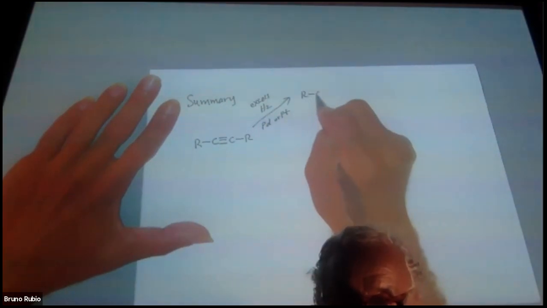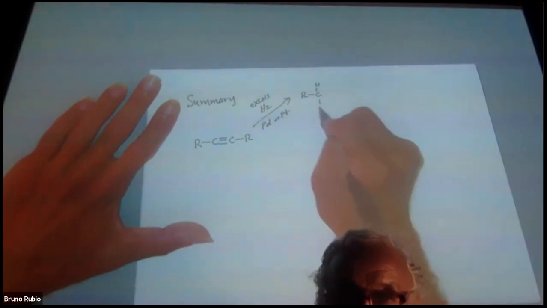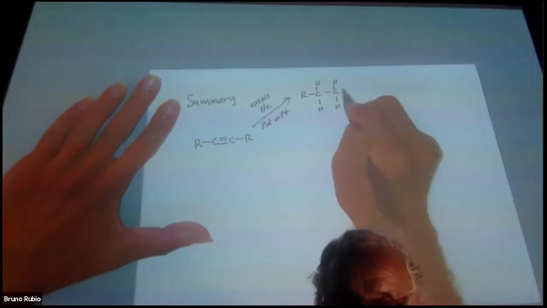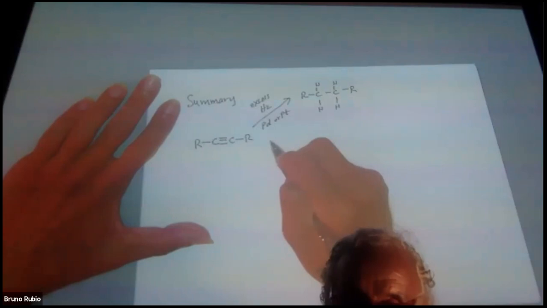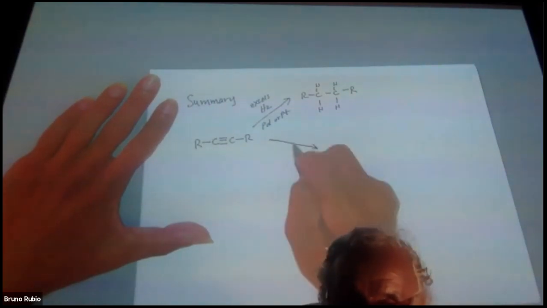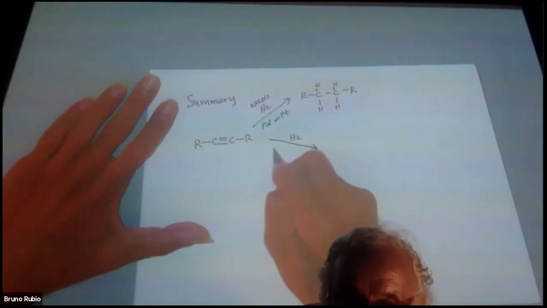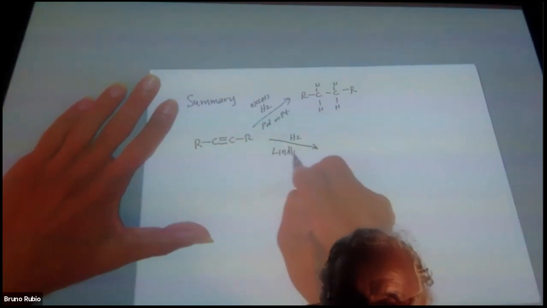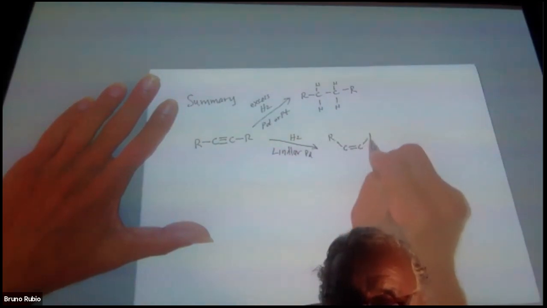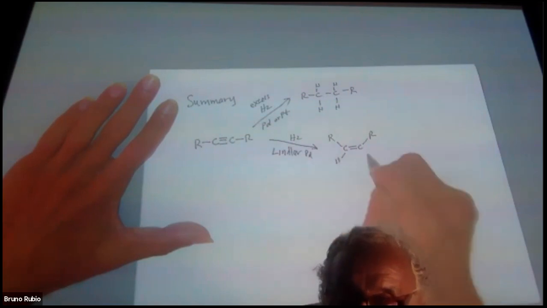We're going to get total reduction of that triple bond to a single bond. Or we could add hydrogen and Lindlar palladium. That is going to give us the cis alkene.